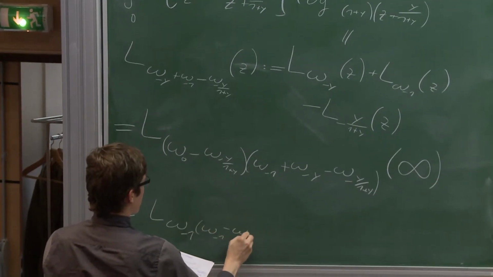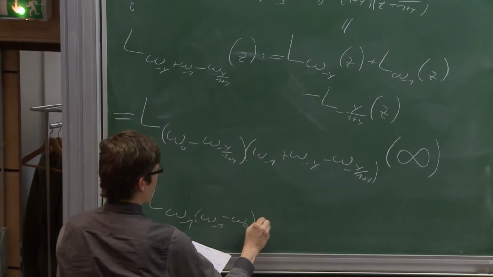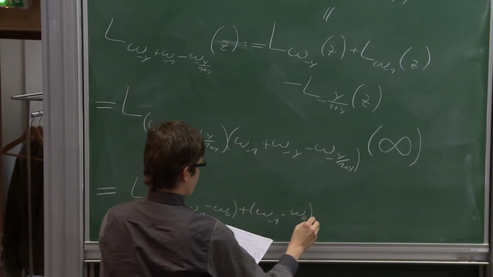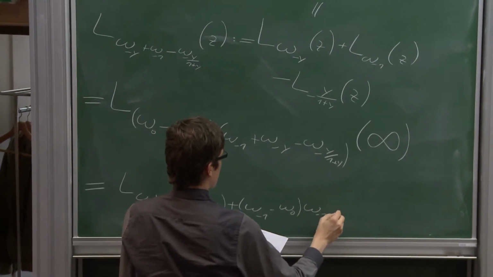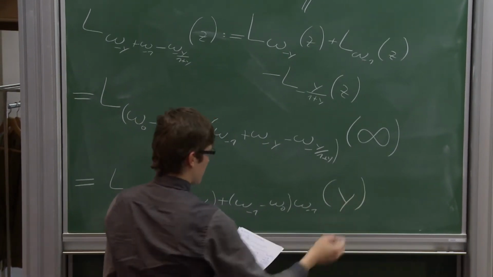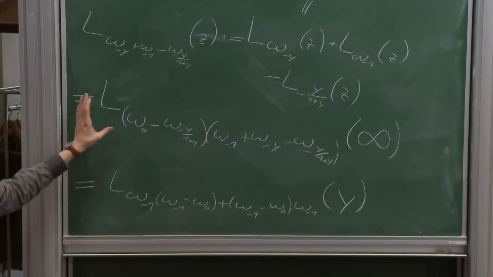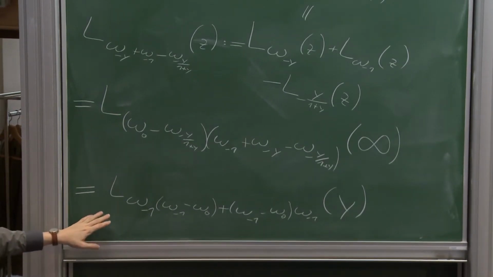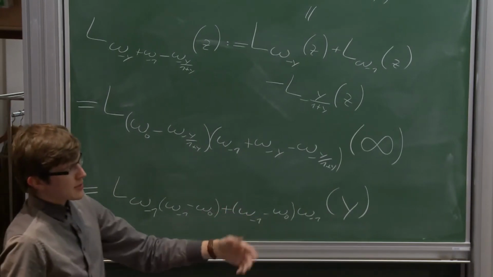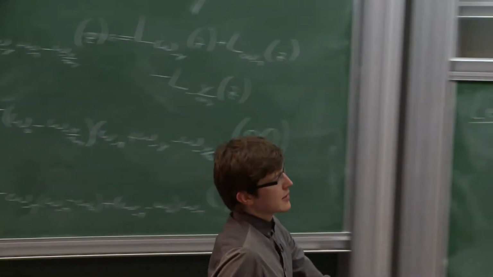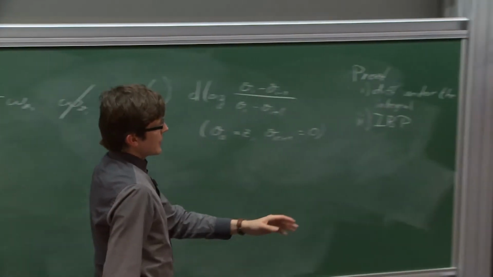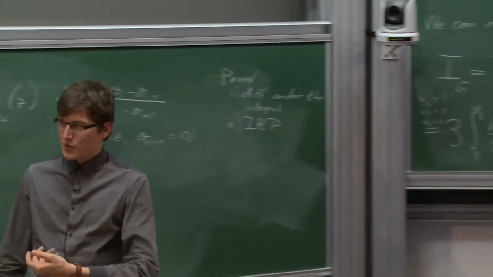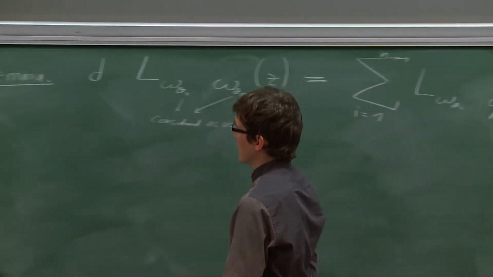So the point is that now all the letters are independent of y. So you can convert this representation to this, and this is algorithmic. There's no magic in this process. But now the final integration is trivial, right? Because we just have to multiply this with 1 over y and integrate from 0 to infinity. So this just means that we have to put another omega 0 in front.